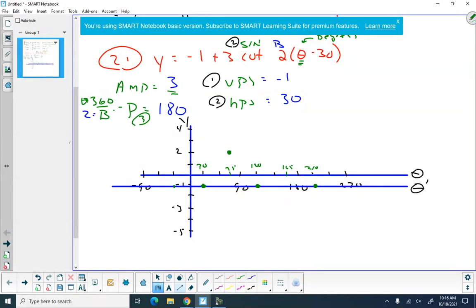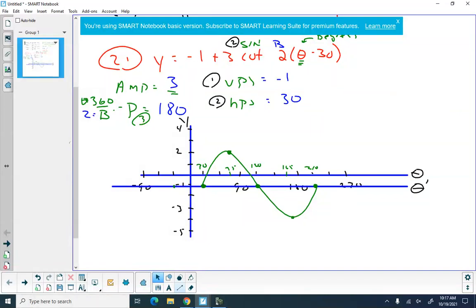We have to go 3 up from the prime axis, so we're at 2. Okay, at 120 and 210, we have to go to a valley value. What's our valley value going to be? Laura? -4. So here's our sine curve.